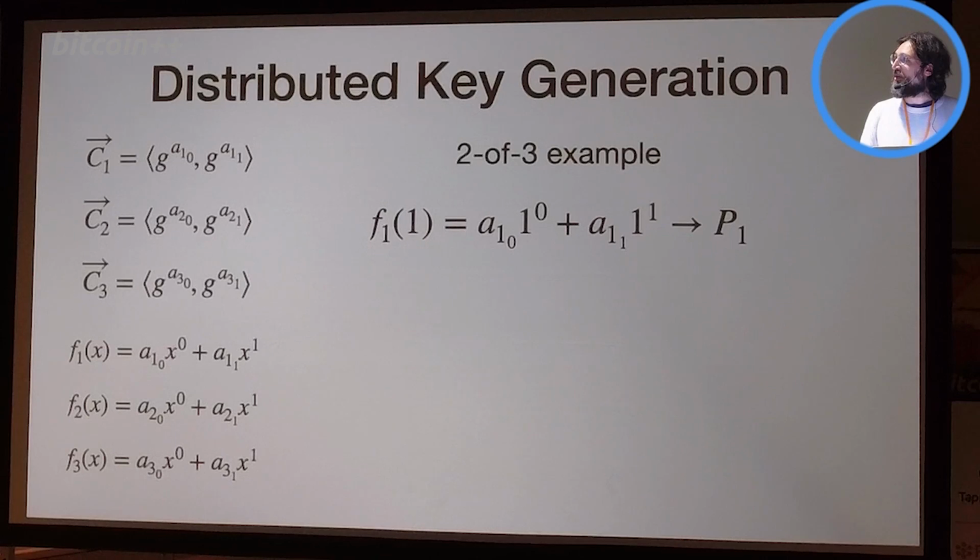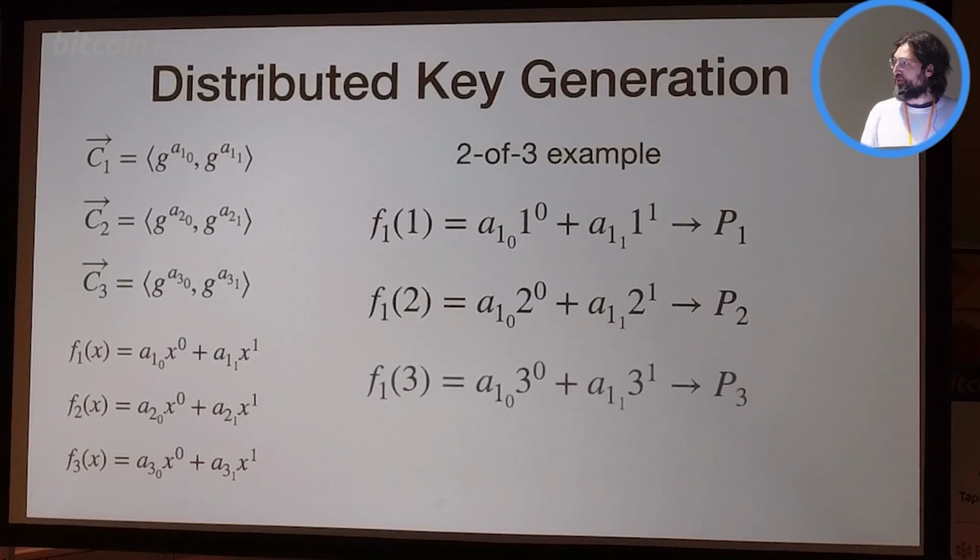So let's take a look at the first participant. They have their polynomial. They're going to derive a share by plugging in x equals 1, and they're going to give that to themselves, P1. Then they're going to derive another share by plugging in x equals 2, and they're going to give that to participant 2.